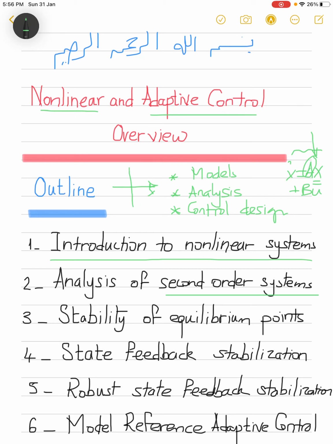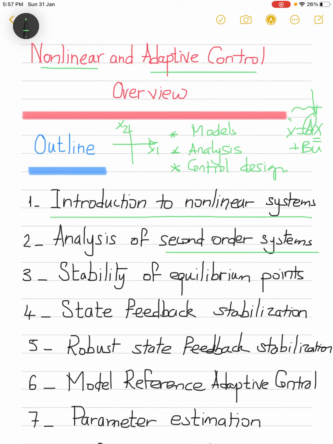Suppose that they are x1 and x2. We call that the phase plane, and we can draw the trajectories that represent the solution for second order systems. We will study both linear and nonlinear second order systems in the phase plane, and see how we can benefit from the analysis of linear systems in studying nonlinear systems.